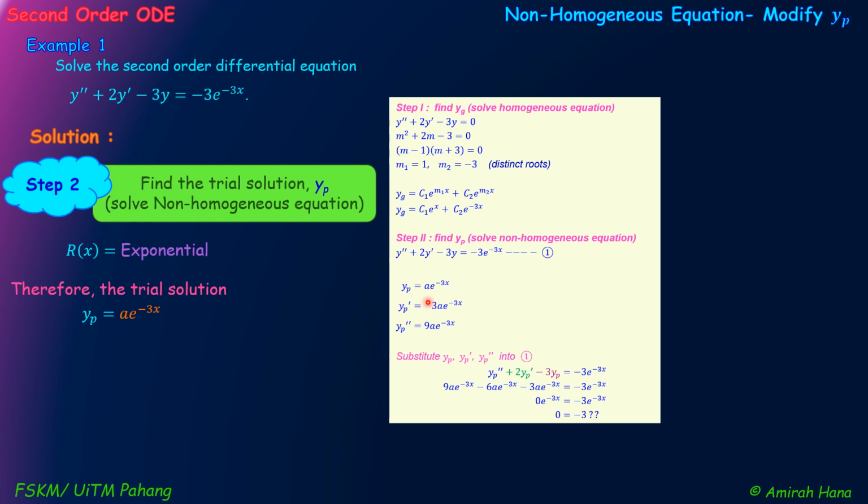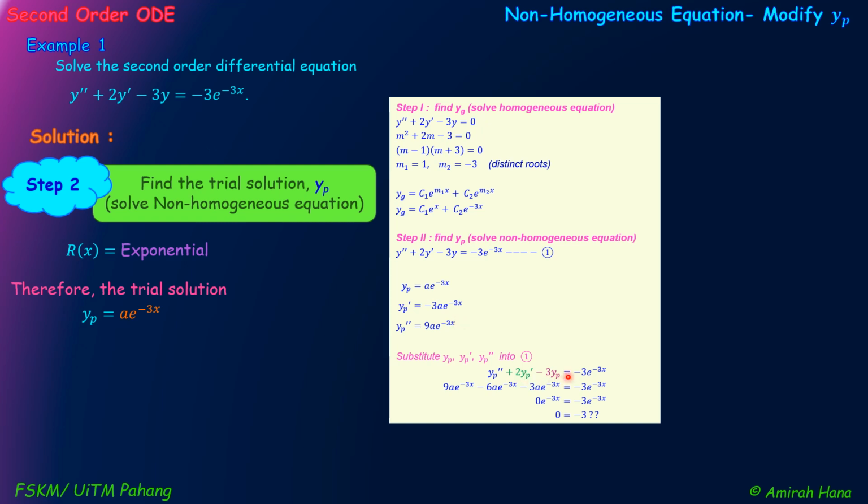After that, we substitute yp, yp prime, and yp double prime into the given question here. We replace yp double prime into y double prime, like this. We replace yp prime into y single prime, like this. And we replace yp into y here. Okay, so we got this.